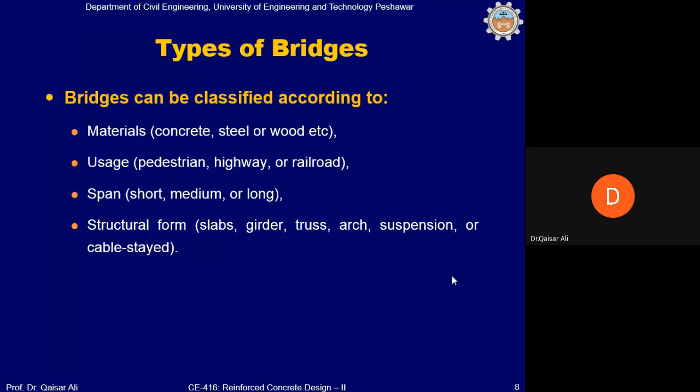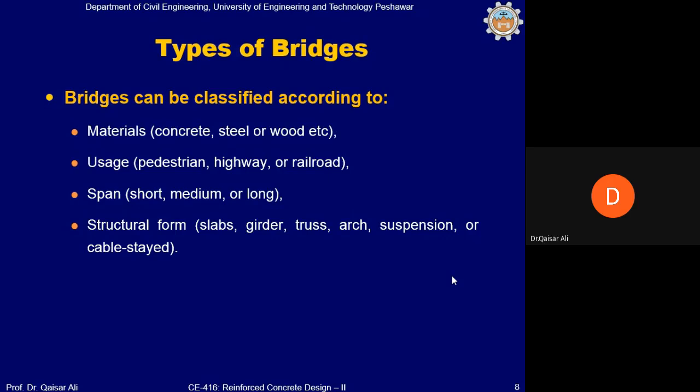Then, according to the spans, the bridges can be classified as short, medium, or long span bridges. And according to the structural form, a slab bridge will be a bridge which consists of only a slab without any girders. Then a girder bridge will have girders, a truss bridge, arch bridge, suspension bridge, cable stayed bridges. So many types of bridges according to the different criteria are possible.